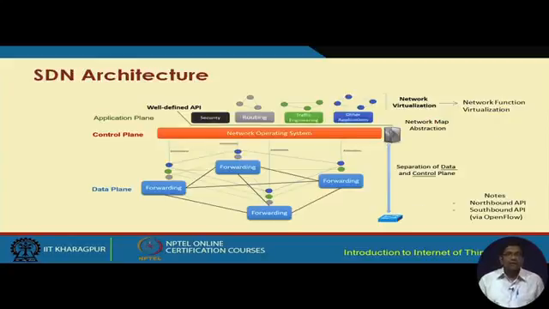So, let us now look at this particular architecture. Let us say that we have different switches which perform forwarding individually. So, that is the data plane, and then we have the control plane which has the network operating system, and then the application plane performing functionalities like security, routing, traffic engineering, and different other applications.